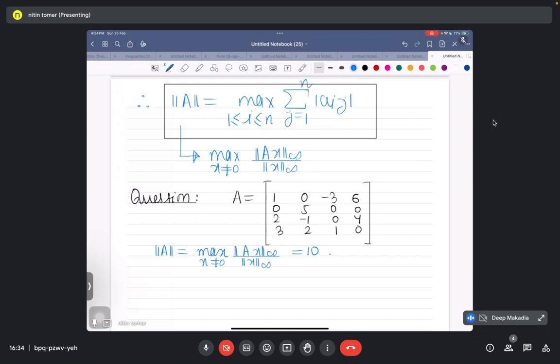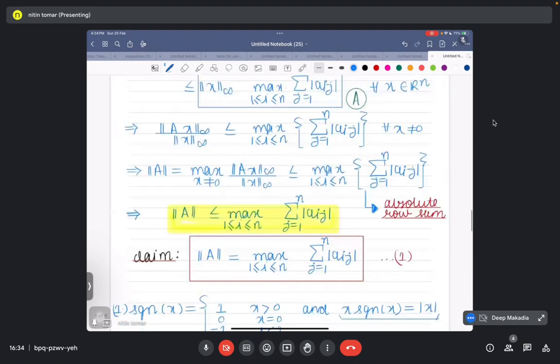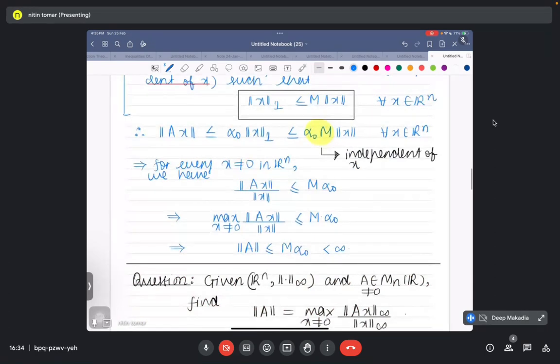If I tell him to add up the absolute sum of each row, he will tell me the maximum. But as math students we should learn how these two entities are equal, and this is precisely what we saw. Am I correct? All this jargon was just to make sure that this infinity norm is nothing but the maximum of the absolute row sum.